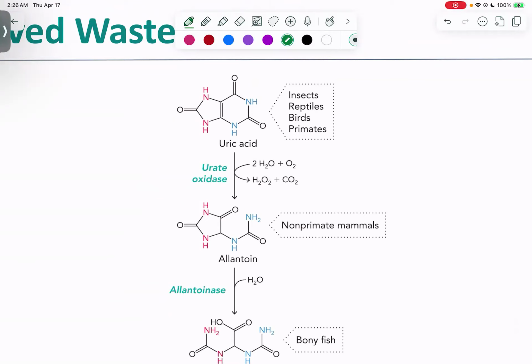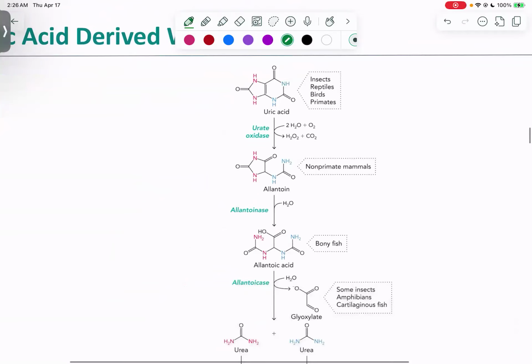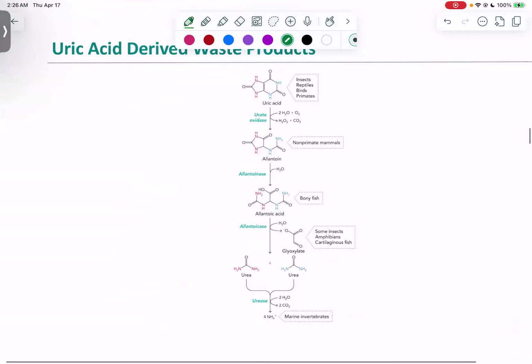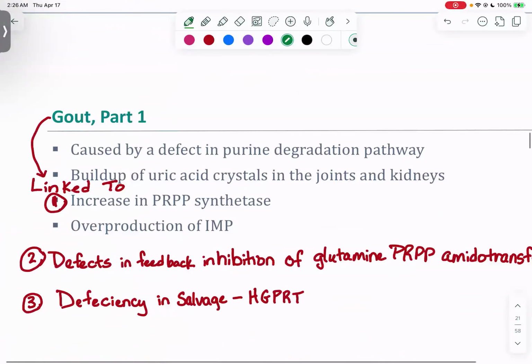And you don't really have to memorize that. I just want you to see that each different animal can degrade that uric acid into different substrates to be secreted out in different ways. So you don't have to spend a lot of time on that.